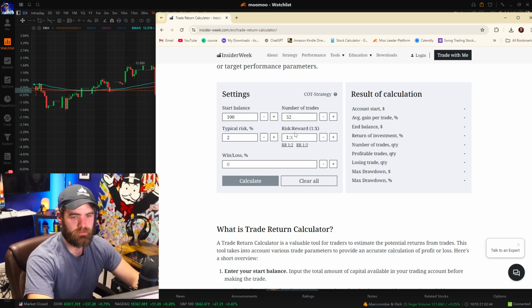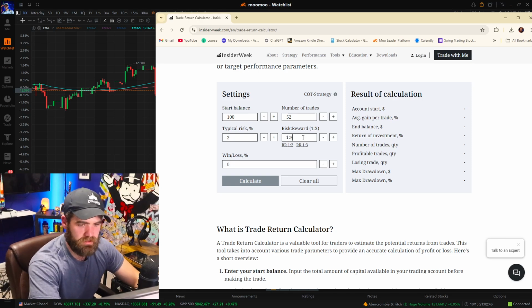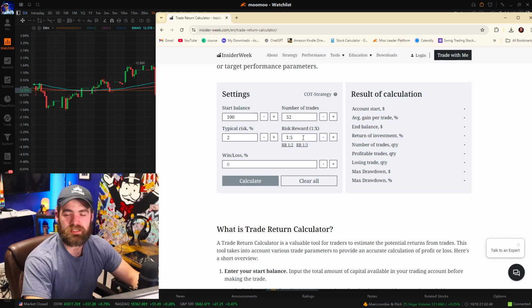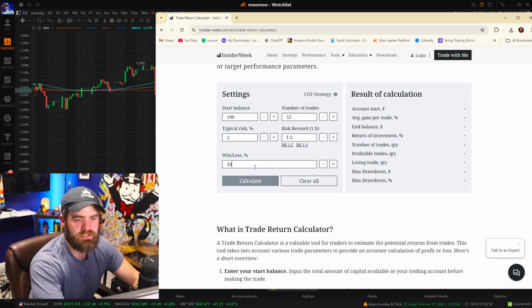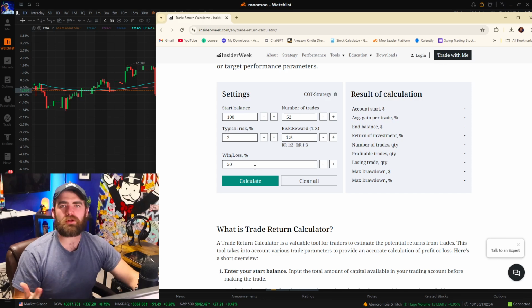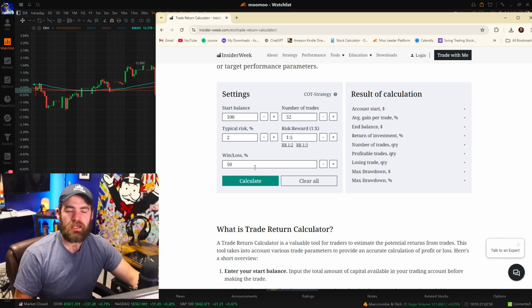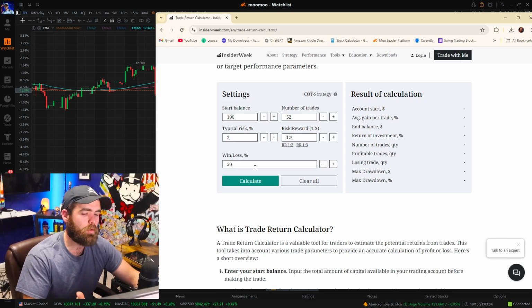That's very, very common. But the risk and reward is 5-to-1. So you're risking $1 to make $5. And your win-loss ratio is 50%. Normally, when you buy a stock, you have a 50-50 chance of making money. And if you have a good checklist, like I mentioned, it can be higher. But in some cases, it can even still be lower and you can make money.